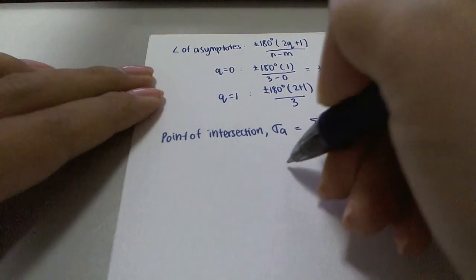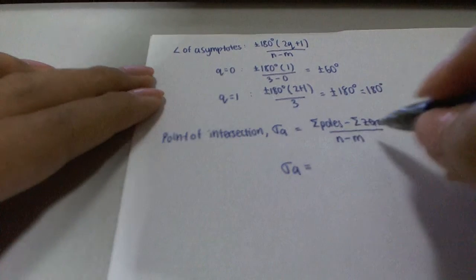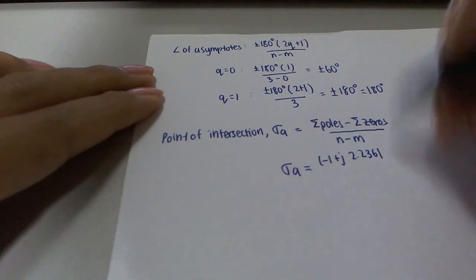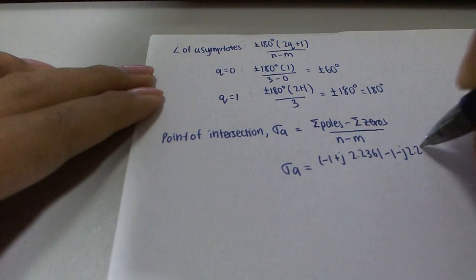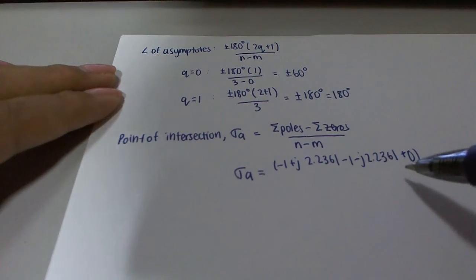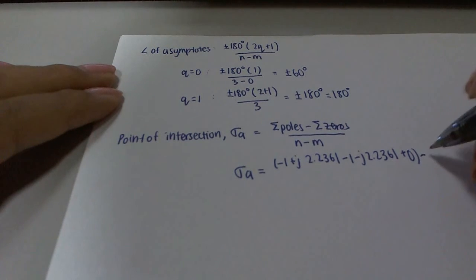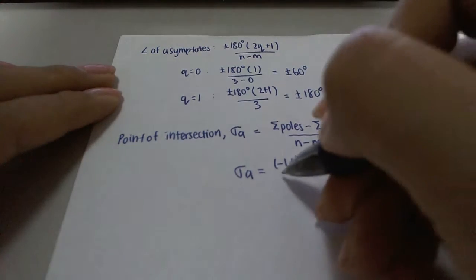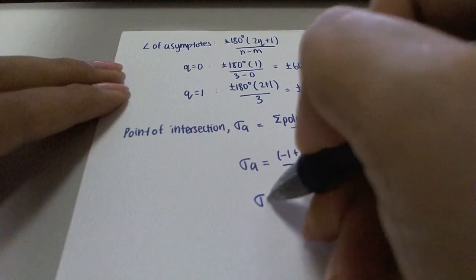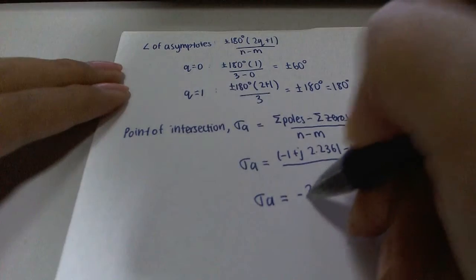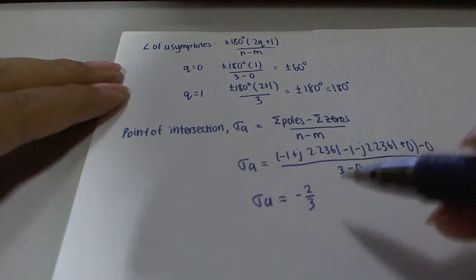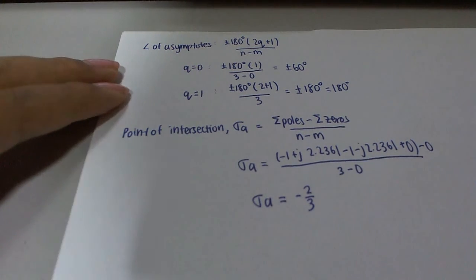So what I mean is that we have sigma A equals our poles at -1 plus j2.2361, minus 1 minus j2.2361, plus 0. Those are the locations, or the values, of our three poles. And we don't have any zeros, so we just subtract 0, divided by 3 minus 0. Then sigma A equals minus 2 over 3. So this is the point where all three asymptotes intersect, at minus 2 over 3 on the real axis.